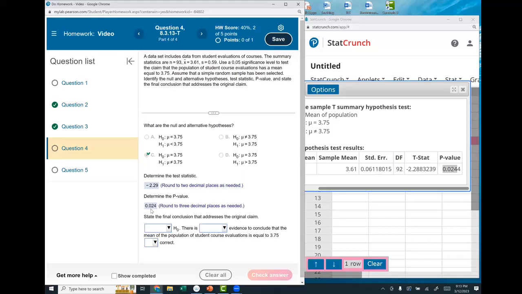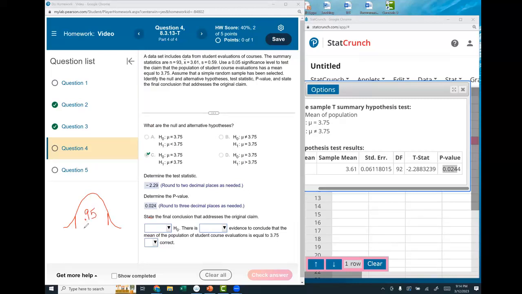Okay, now we have to be careful about this because this is a two-tailed test. So since it's a two-tailed test, if the significance level is 0.05, that means 0.95 is here in the middle.